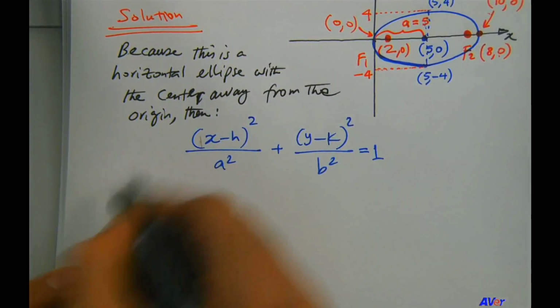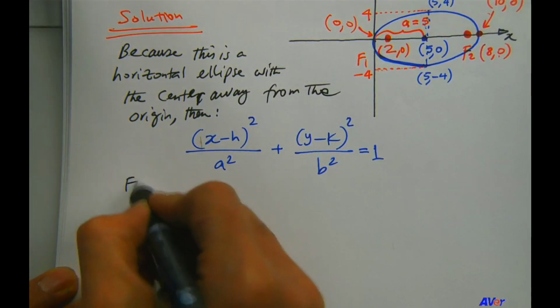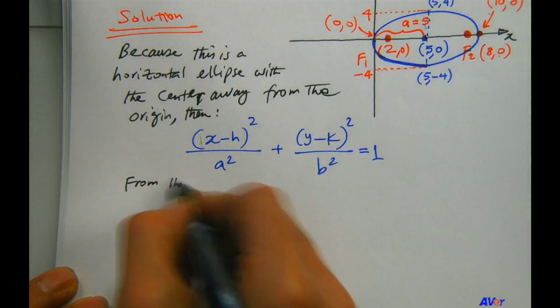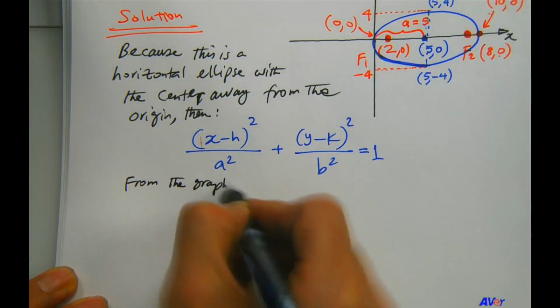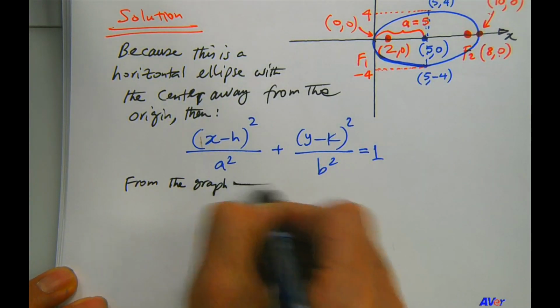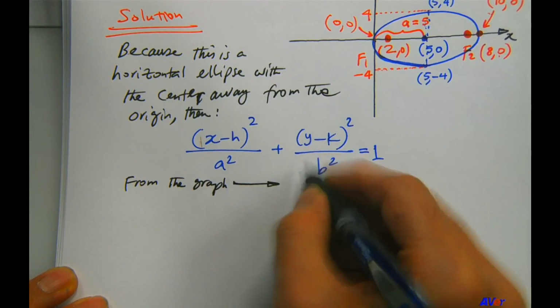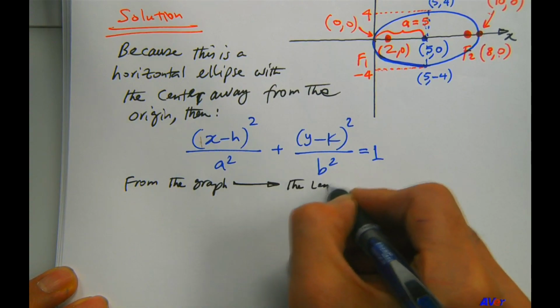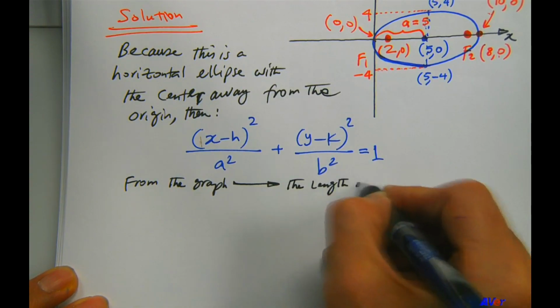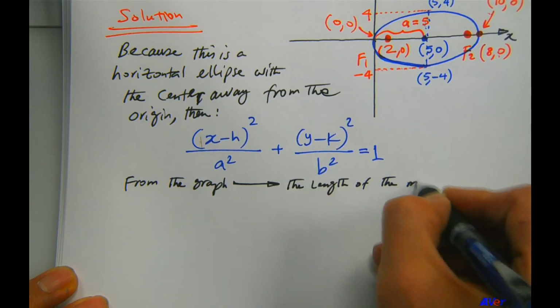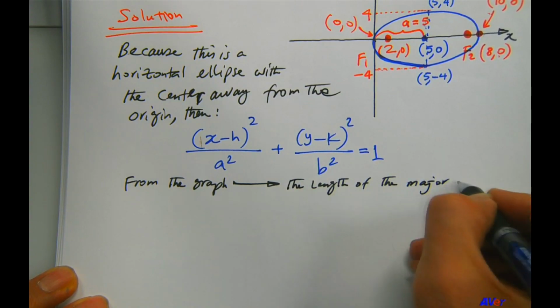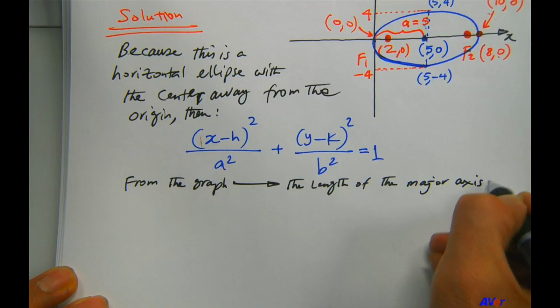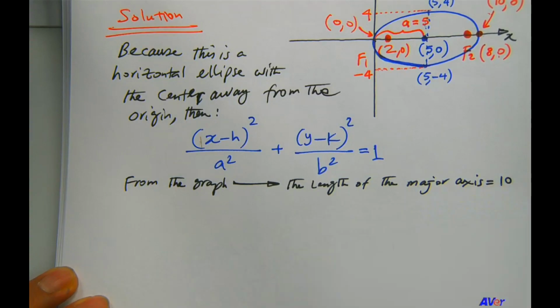so let me write here, from the graph, the length of the major axis is equal to 10, right?